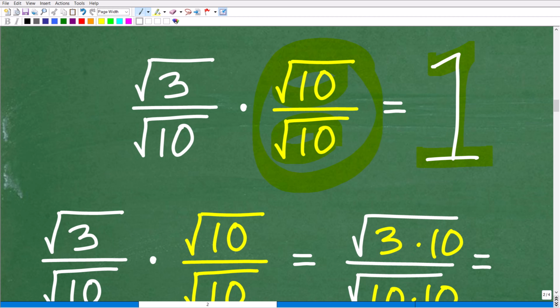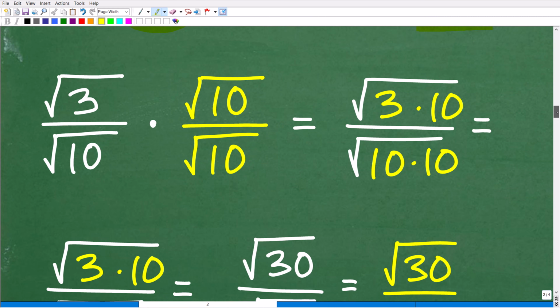Well, when we take this square root right here, the square root of 10, and we just divide it by itself, square root of 10 times square root of 10, that is 1. But when we multiply these square roots, again, we're multiplying by 1, so we're going to multiply across this way. This is going to get rid of this square root in the denominator. Let me just go ahead and show you how this works because it's much easier.